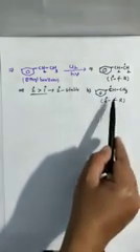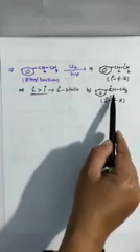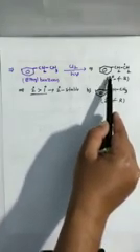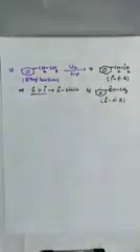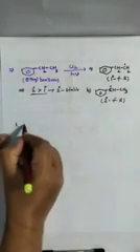Two products you are getting, no doubt, but with 2 degree being stable, this is the major product, and with this the minor product you are getting. So when you take an ethyl group, two products you are getting, one major product and another minor product.